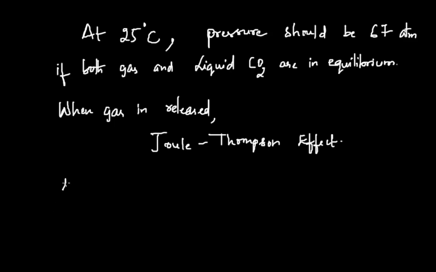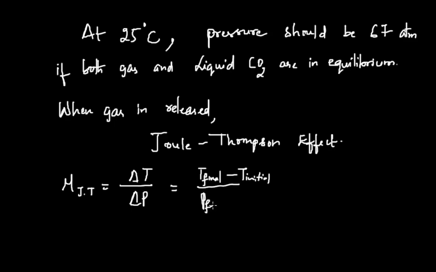The Joule-Thomson coefficient mu JT is given by delta T by delta P, which is T final minus T initial over P final minus P initial. Now let us put in these values. Your final pressure is 1 atmosphere and your initial pressure is 67 atmospheres. Your initial temperature is 25 degrees Celsius.